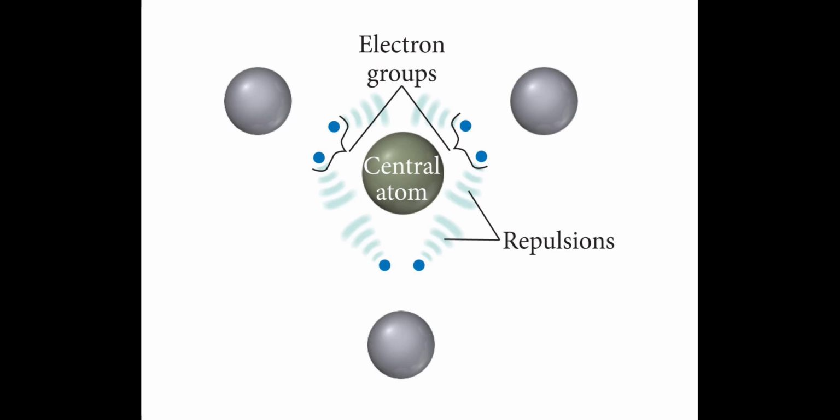If we're looking at a picture here, here's your central atom in the center, and you can see these 3 atoms are bonded. So we have 3 bonded groups. These electrons in the bonds are all negative, so they're going to repel each other, and they want equal space. This is why this particular atom has a trigonal planar shape, because this gives the most space to minimize the repulsions. So that's VSEPR. That's the idea.